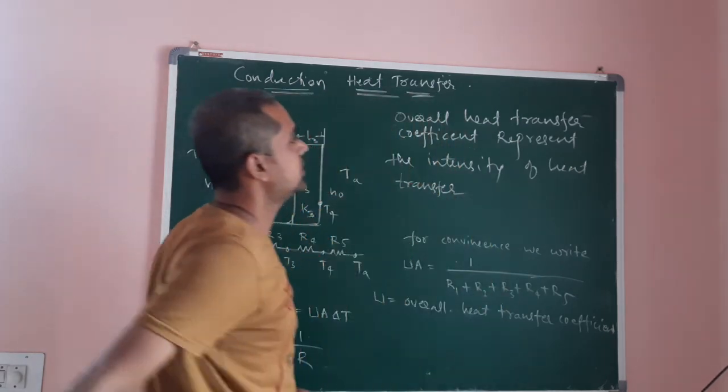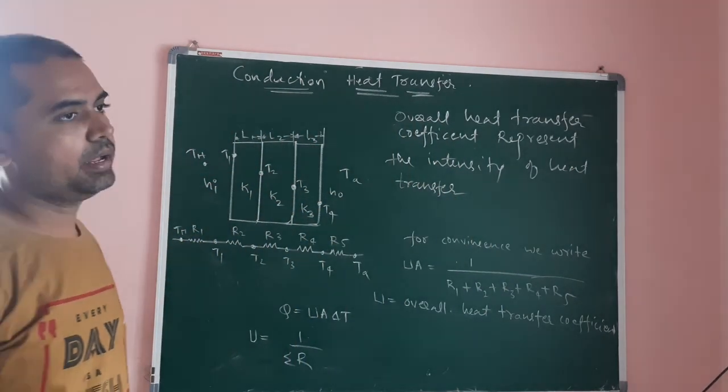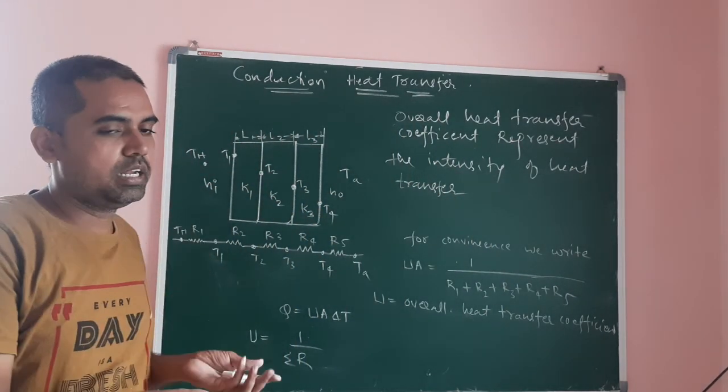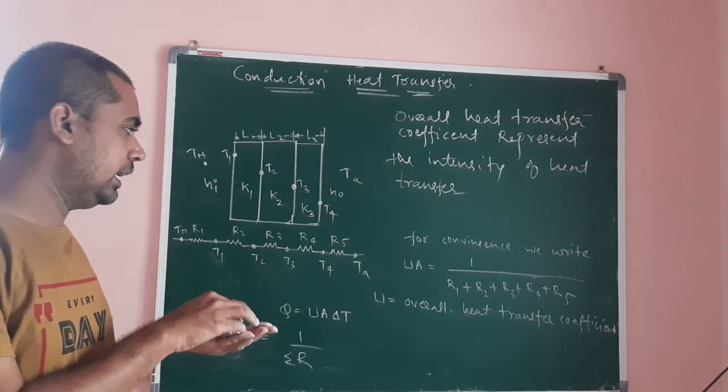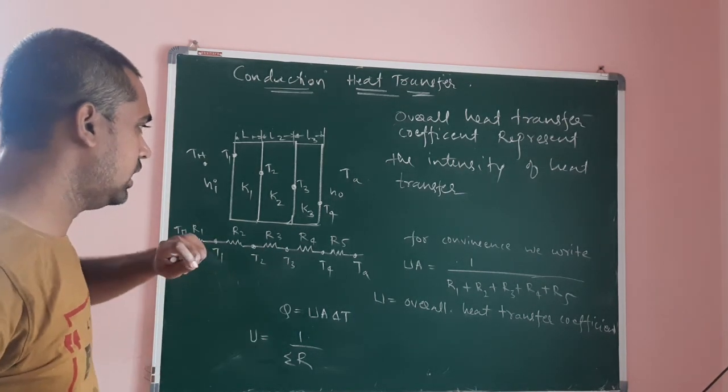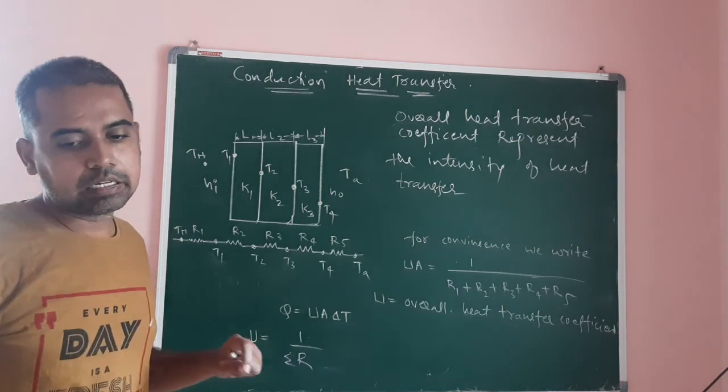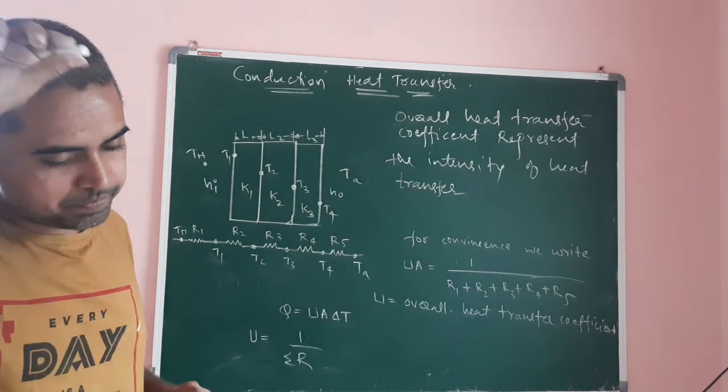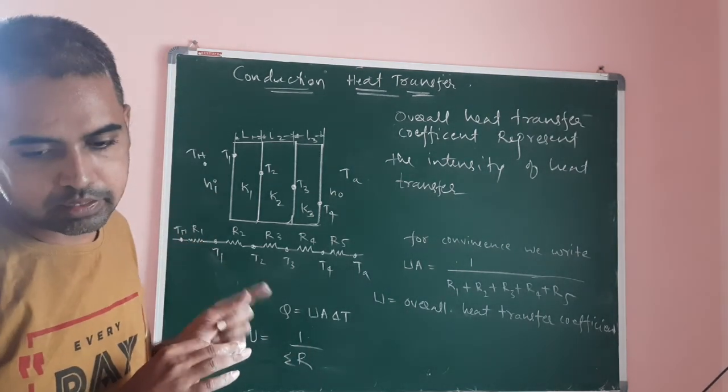If the overall heat transfer coefficient is higher, heat transfer will be higher. If the overall heat transfer coefficient is lower, heat transfer will be lower. Okay, that is the case here.